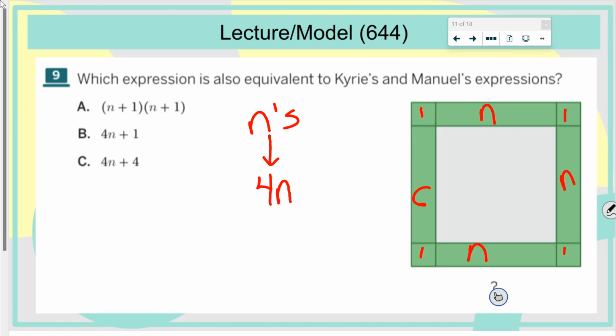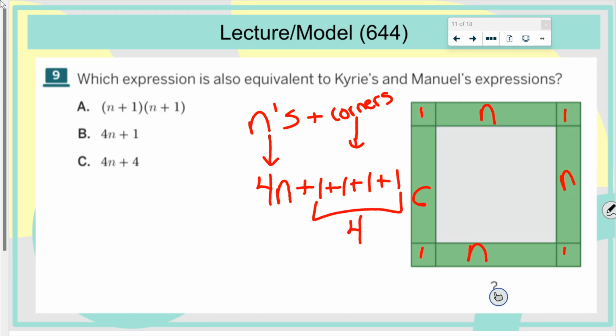So we have 4 n's, and then we have the corners, which is 4. All those ones also equal 4. So our expression could be equal to 4 n's and then plus 4. So that would be option C.